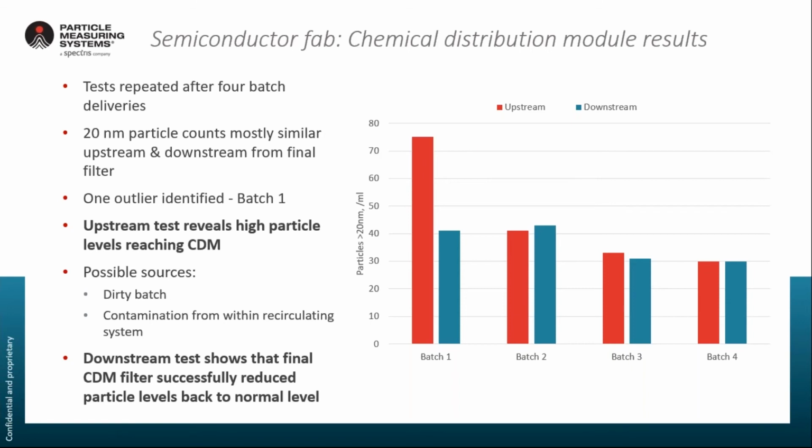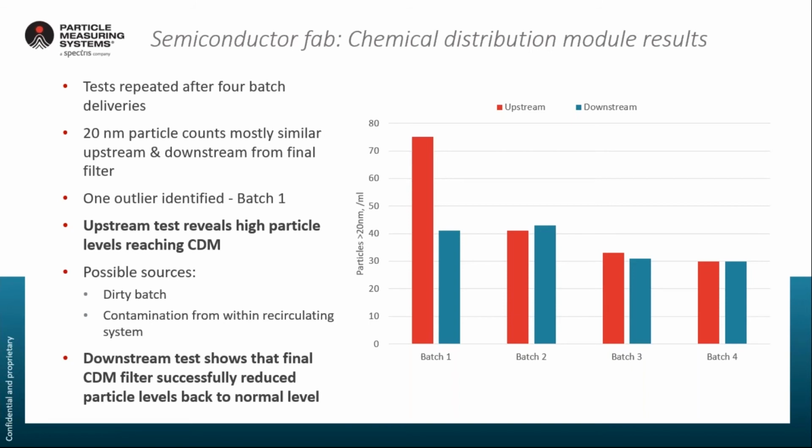And there are many possible causes for this. It could have been a dirty batch delivery or contamination coming from somewhere within the circulating system, or possibly a problem with the filtration. And in this case, it was believed that the high particle counts were caused by a contaminated batch delivery.